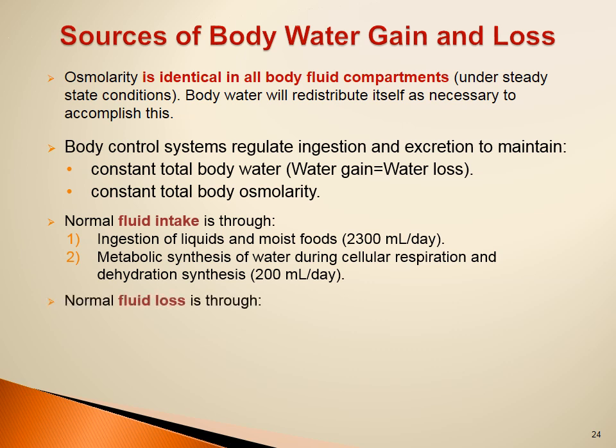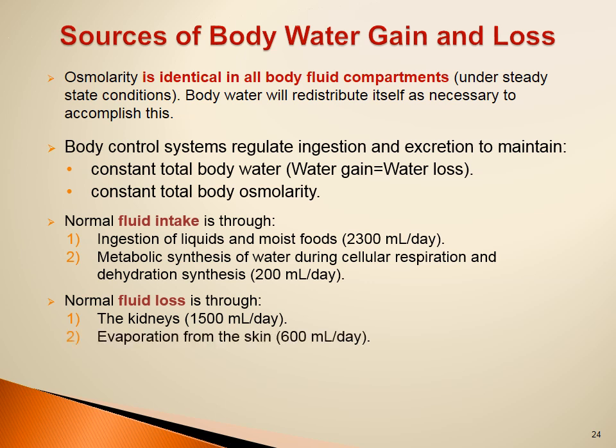Normal fluid loss is through the kidneys, the formation of urine, and this accounts for 1,500 ml per day, and evaporation from the skin, and this accounts for 600 ml per day. And also the exhalation from the lung, because when we inhale air, the mucosa will moisten that gas.